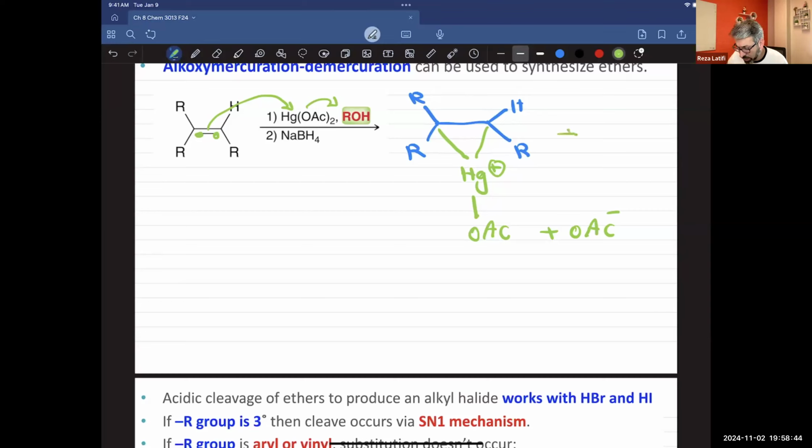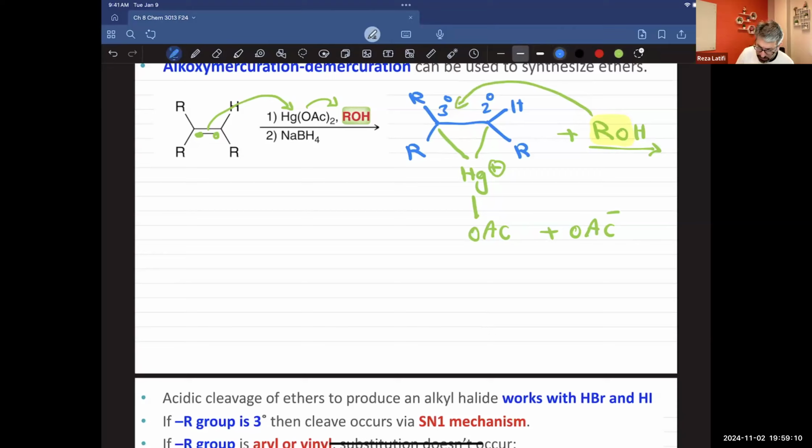Next step, the ROH will get involved, and this piece, RO, will behave as a nucleophile, and it will attack a carbon with more substituents. Which carbon? The one on the left is a tertiary carbon, while this one is a secondary carbon, so the attack will happen on the tertiary carbon.